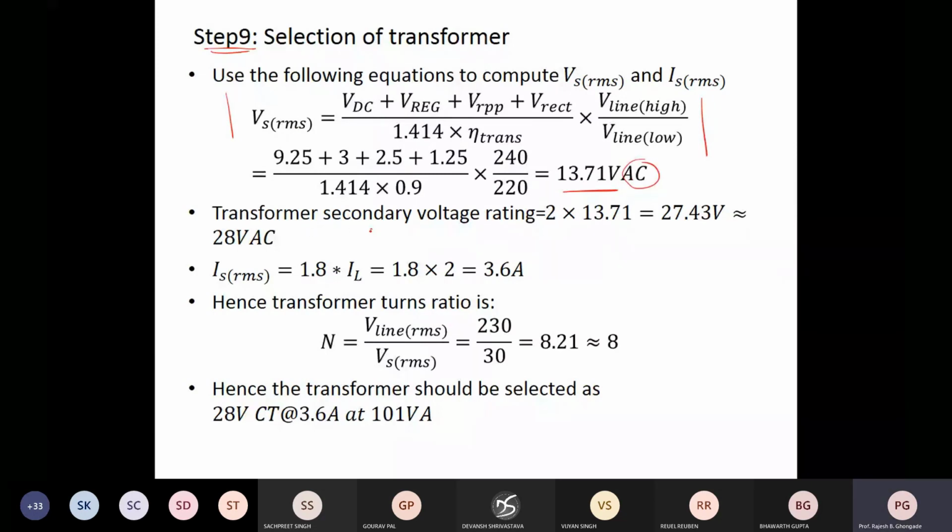The transformer secondary rating is 2 into that, so it becomes 28 volts AC. Secondary RMS current, from the table that we have already seen, turns out to be 3.6 amperes. Turns ratio happened to be 8. Hence, the transformer to be selected is 28 volts center tap at 3.6 amperes, and the volt ampere rating is 101 volt amperes.